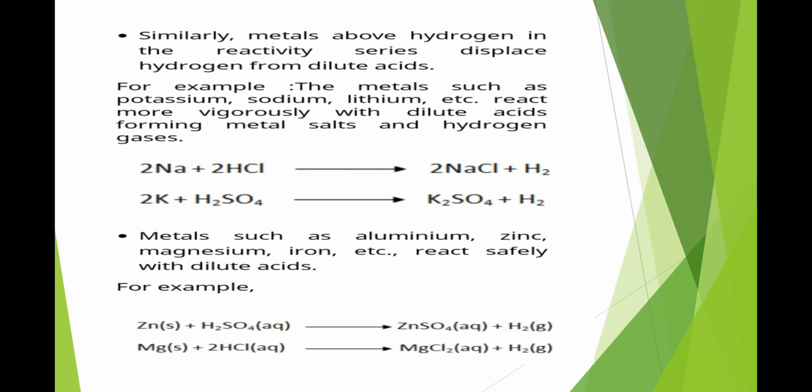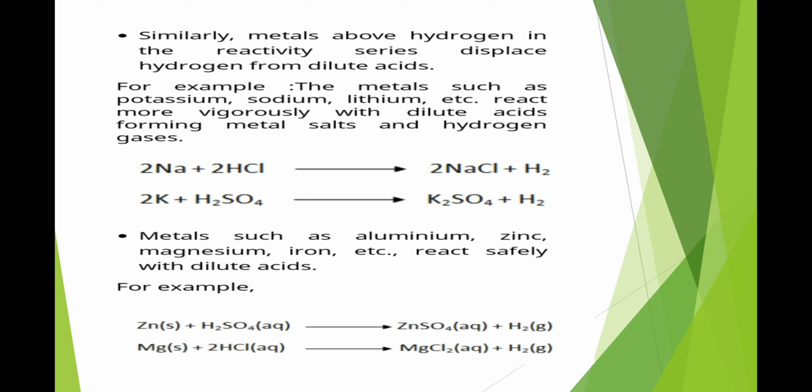Some other examples are also given here for the displacement reaction. Metals above hydrogen in the reactivity series displace hydrogen from dilute acids. For example, in the chemical reaction of sodium and hydrochloric acid, sodium is more reactive than hydrogen and hence displaces hydrogen to give sodium chloride solution, and hydrogen gas is released.